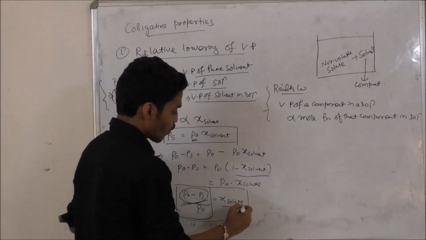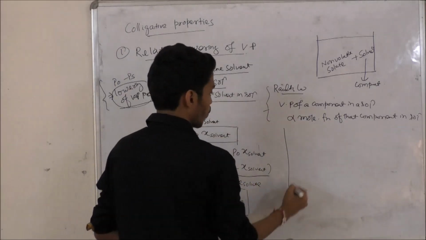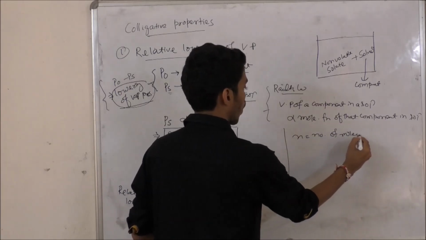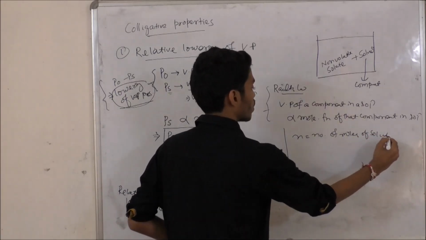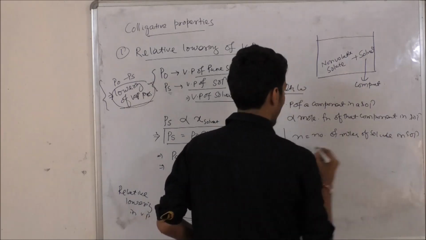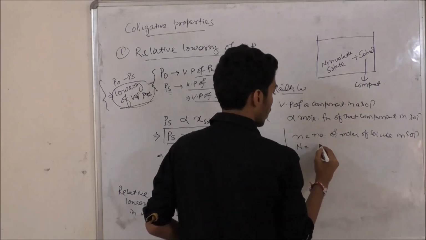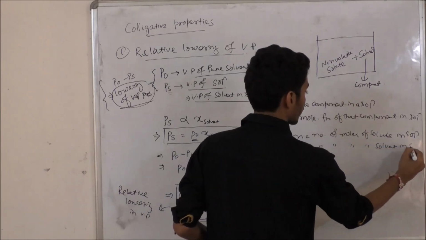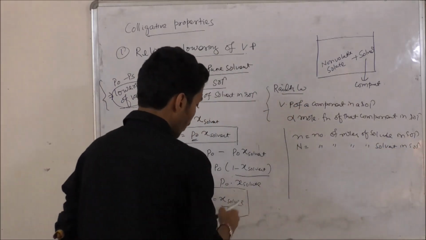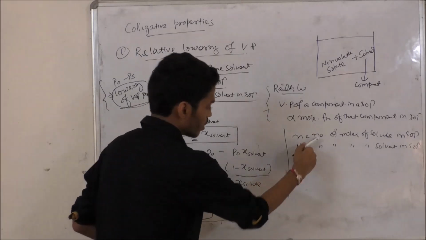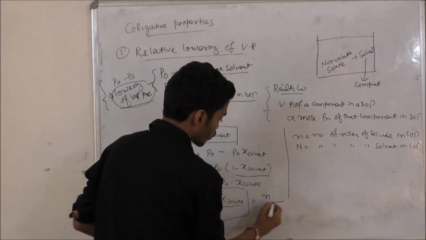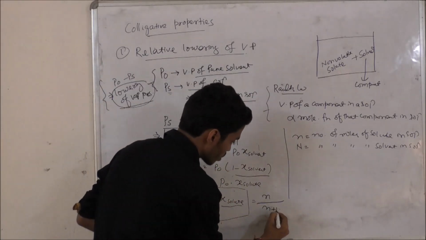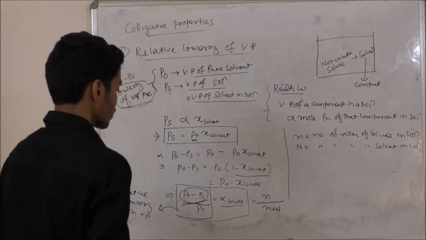But what is mole fraction of solute? Suppose small n is the number of moles of solute in solution and capital N is the number of moles of solvent in solution. So the mole fraction of solute is number of moles of solute divided by total number of moles, that is n plus N. Okay.